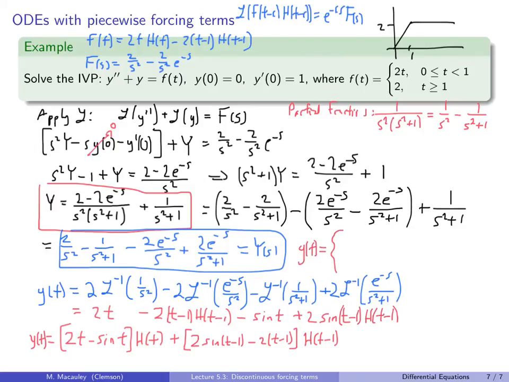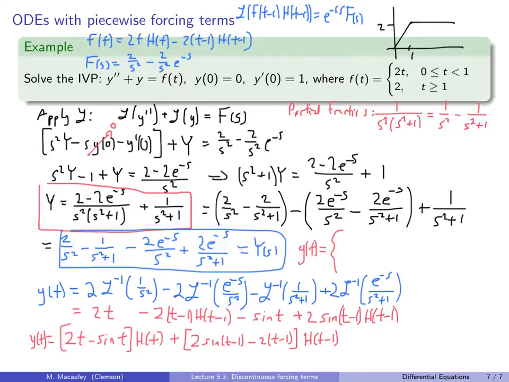Now, how do we do this? I'm not going to teach you anything new. We just got to take what we learned and do a little critical thinking. So there's going to be one breakpoint at t equals 1, assuming that our domain is for positive t.